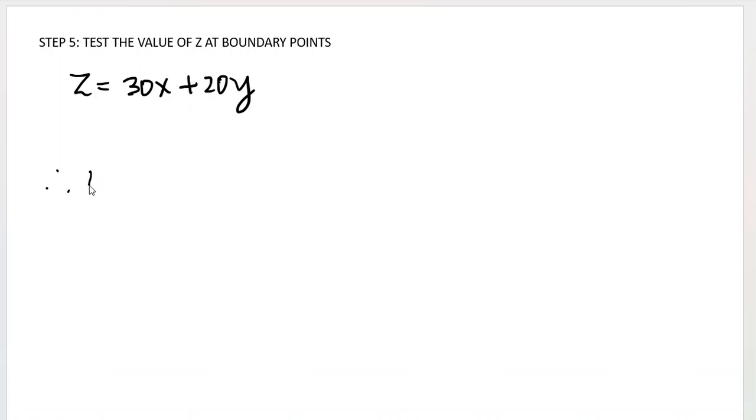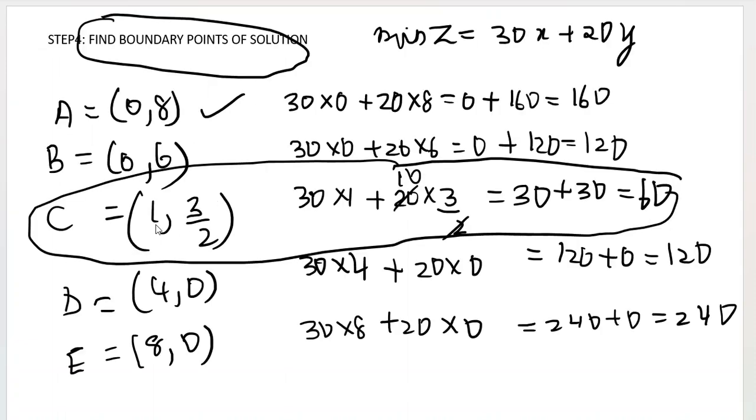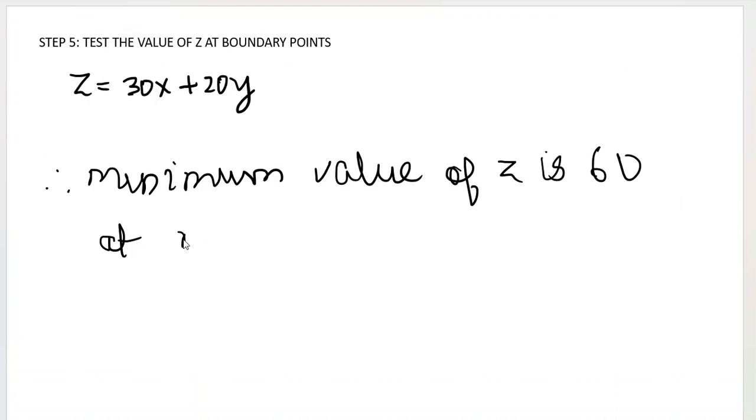So therefore we write minimum value of z is 60 and we write at this point 1 comma 3 by 2. This is for x and this is for y. At x equal to 1 and y equal to 3 by 2.